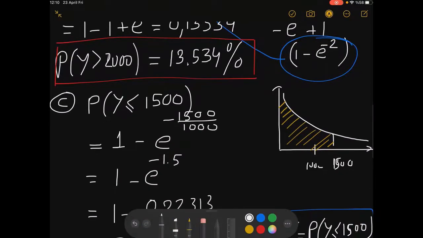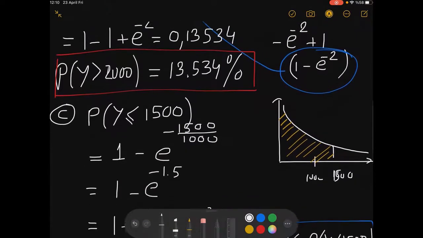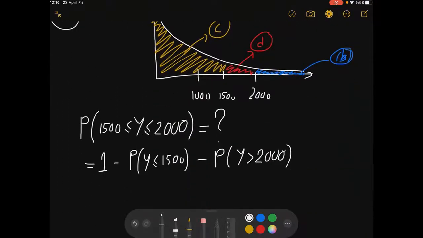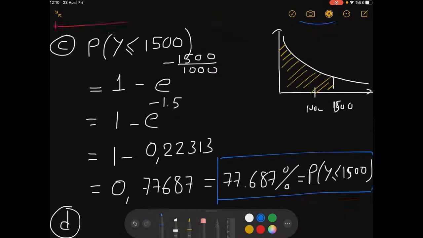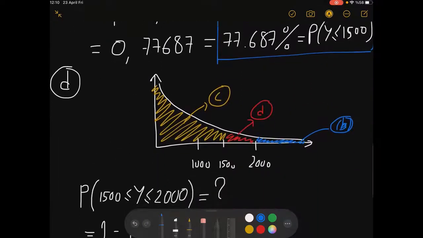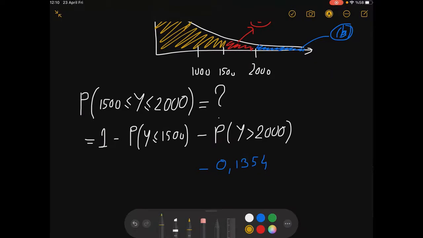So let's say that this one is 0.13, use the blue color, 0.13534. And what was this one? It was 0.7768. Great.